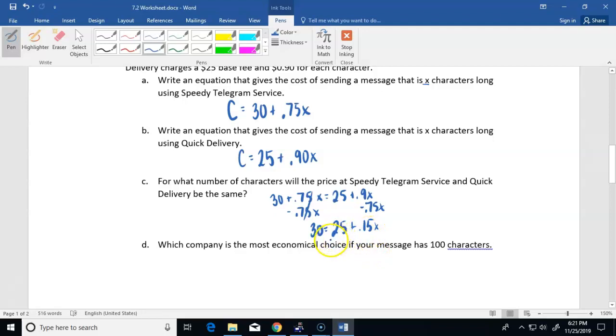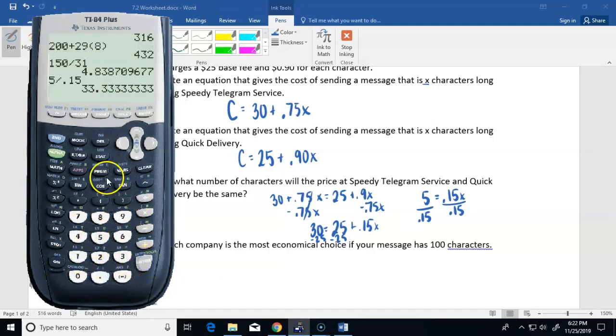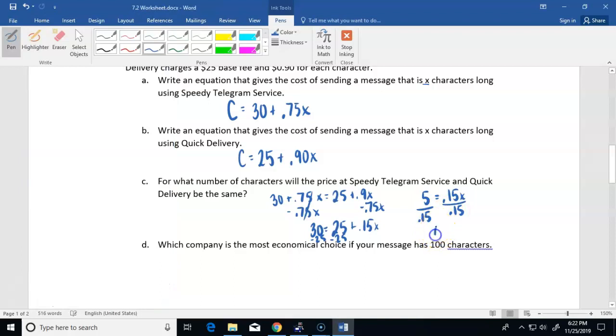The next thing we want to do is subtract that 25. So we get 5 equals 0.15x. And then the last thing is we'll divide by 0.15. And so when we do that, 5 divided by 0.15 is going to be 33.3 repeating.